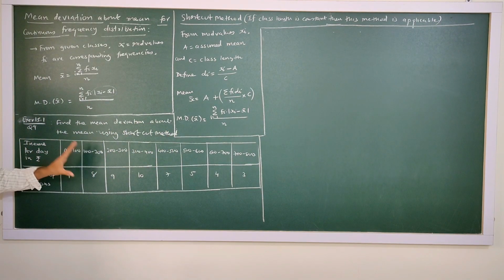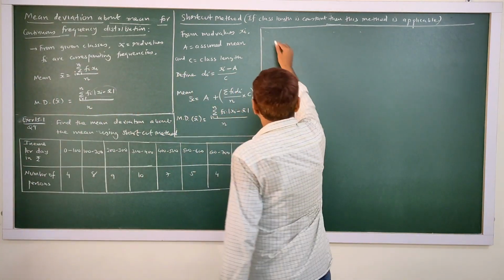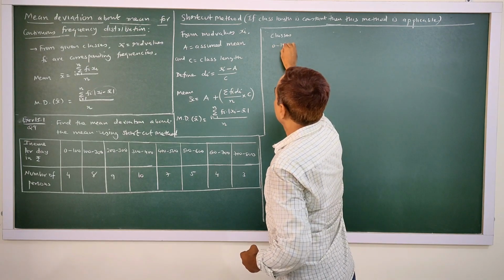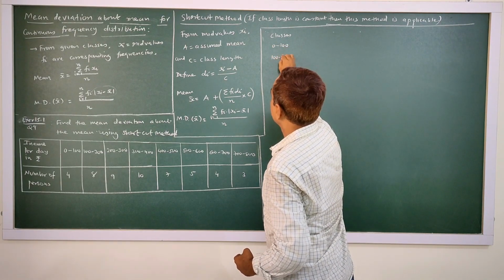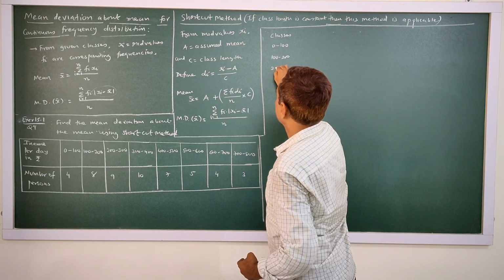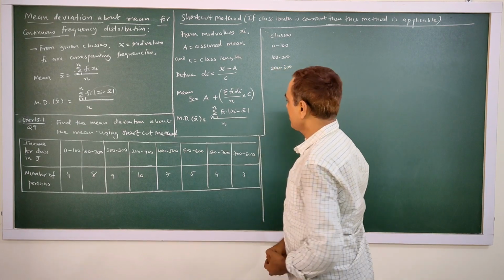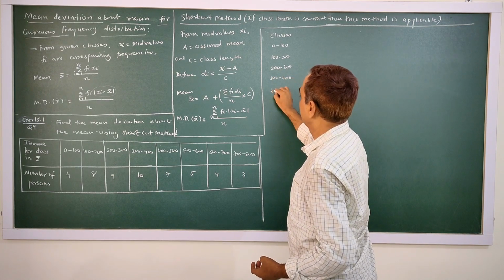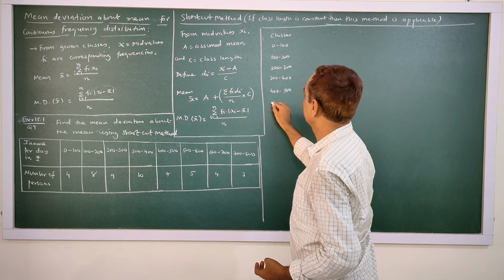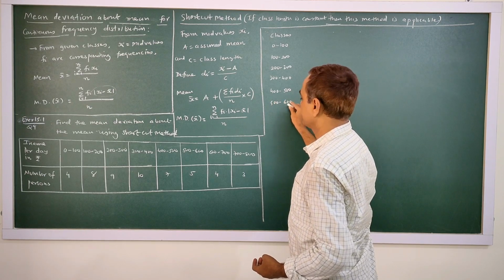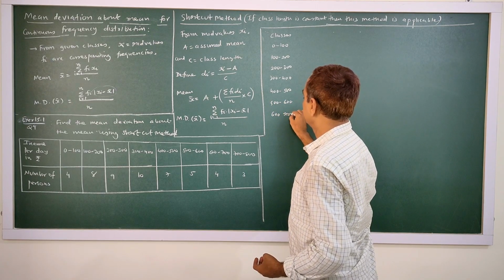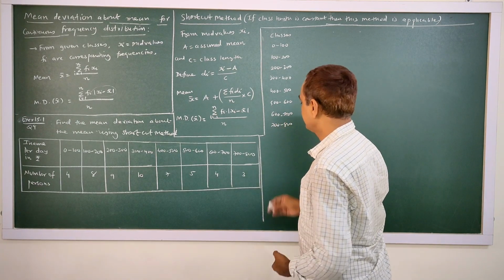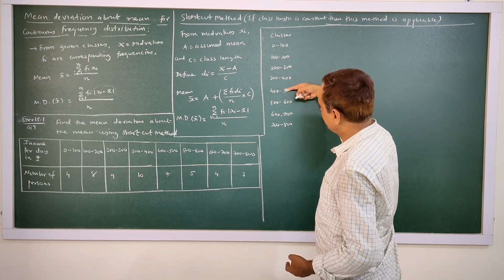So using the shortcut method, again I put the classes here. Classes are 0 to 100, 100 to 200, 200 to 300, 300 to 400, 400 to 500, 500 to 600, 600 to 700, 700 to 800. So 1, 2, 3, 4, 5, 6, 7, 8.